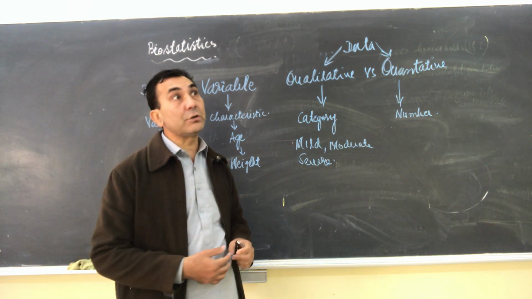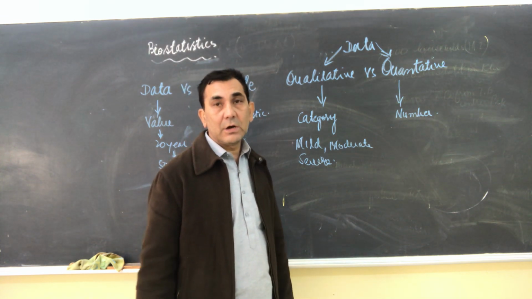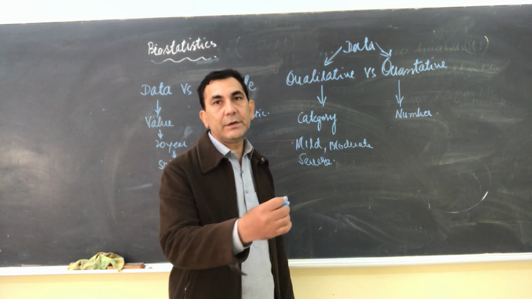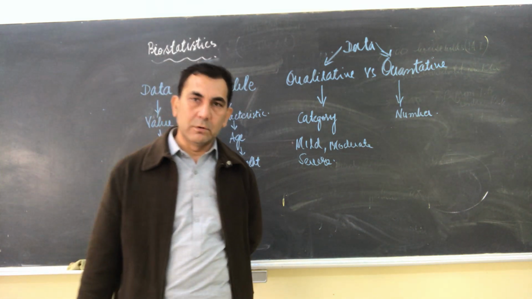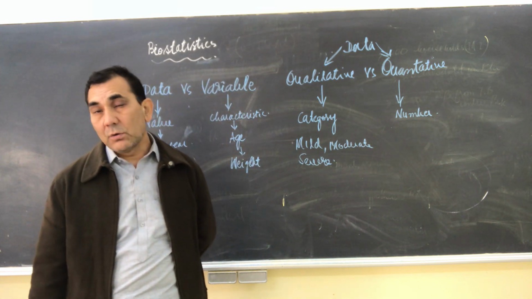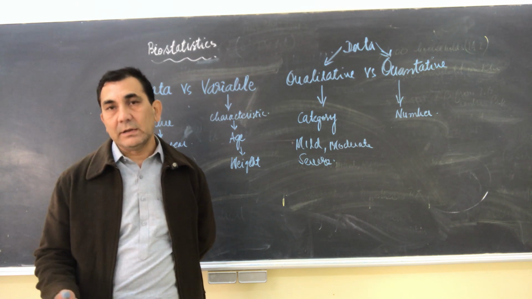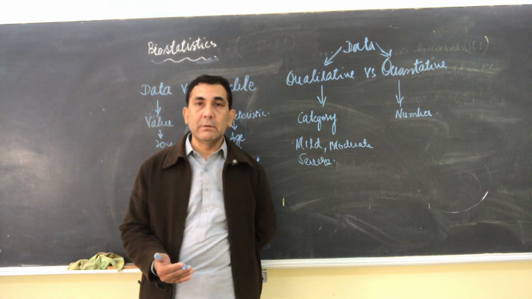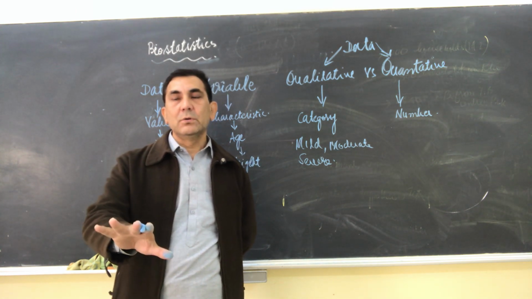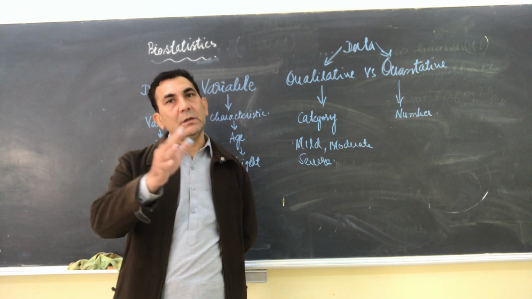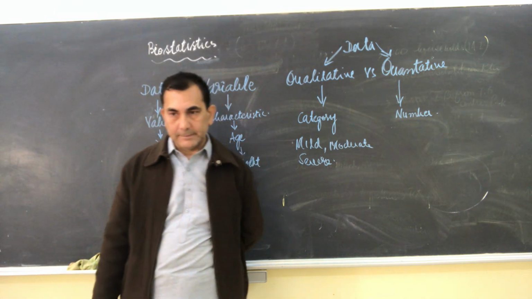Also the duration of the disease and the stay of the patient in the hospital: 7 days, 5 days, 8 days, 9 days, 1 week or 2 weeks. This is again in numerical form. The IQ of a person may be 120, 140, 90 and 100. But if you say the IQ level is average, below average, high IQ, low IQ, then you are converting the quantitative data into qualitative form. So it becomes qualitative in that way.